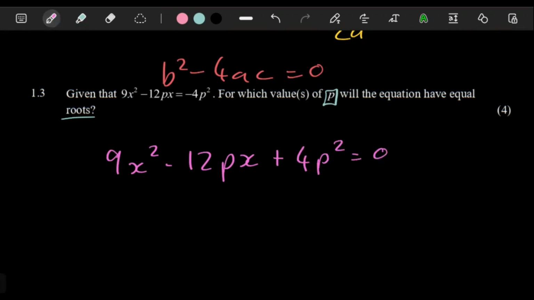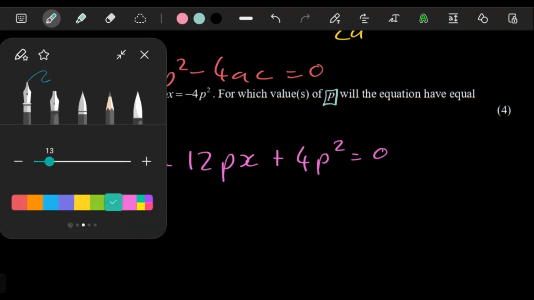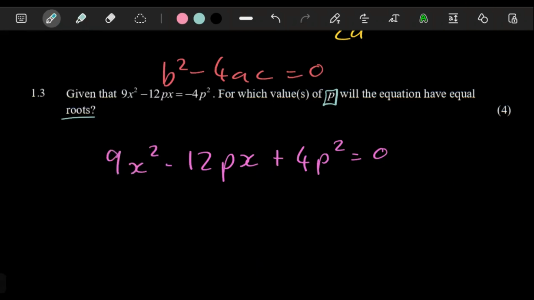Now, the way this is laid out, you have to be careful of what your coefficients are. Remember, a quadratic equation in standard form has ax squared plus bx plus c. Now, a is the 9, b is negative 12p, c here is actually 4p squared.